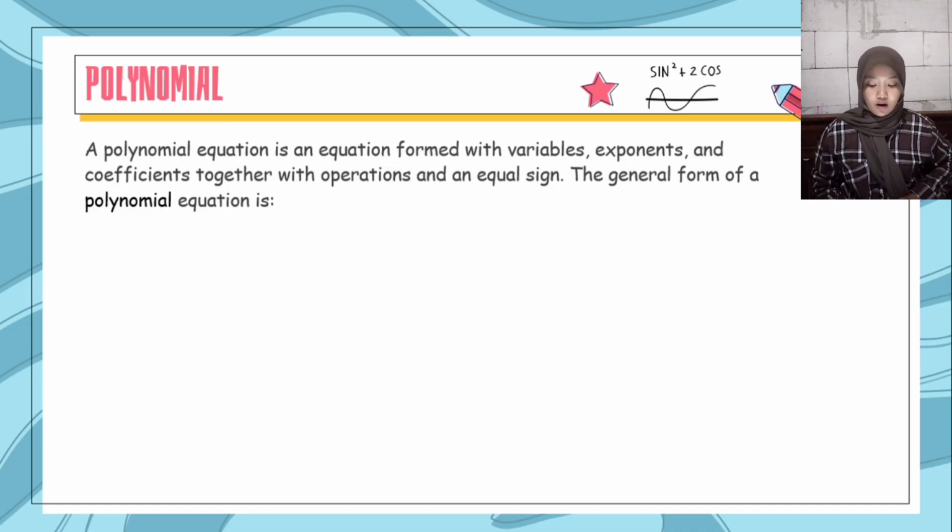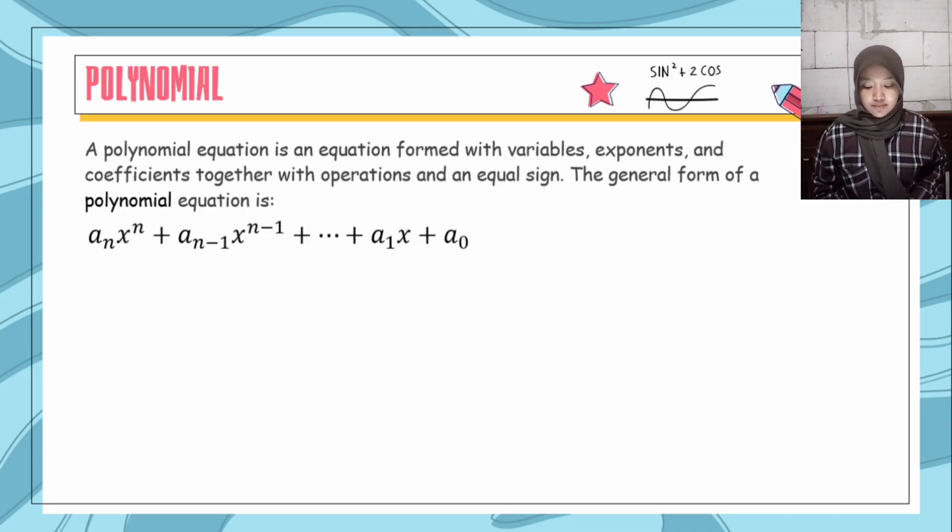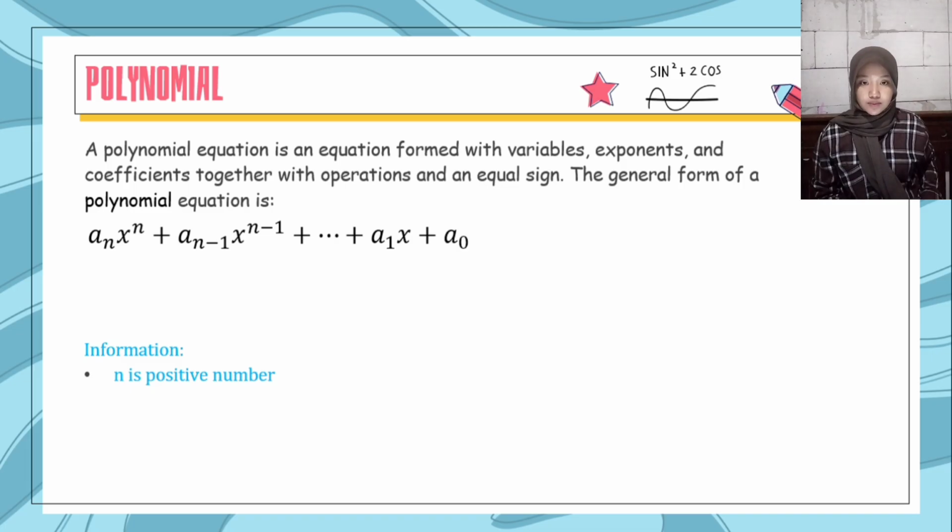The general form of a polynomial equation is a sub n times x to the power of n plus a sub n minus 1 times x to the power of n minus 1 until a sub 1 times x plus a sub 0, where n is a positive number.